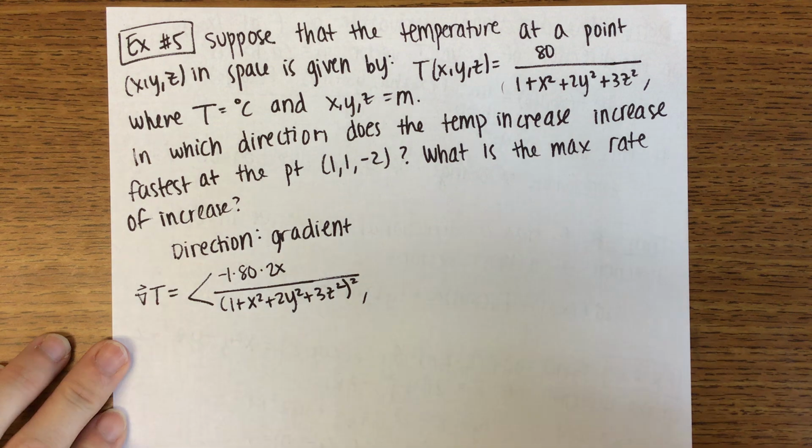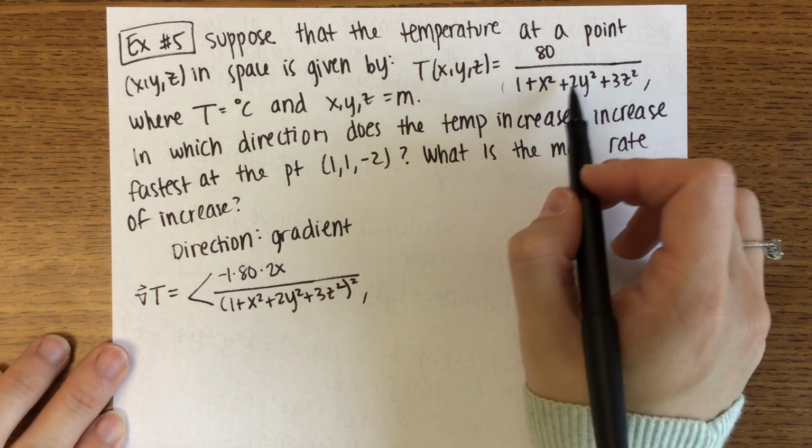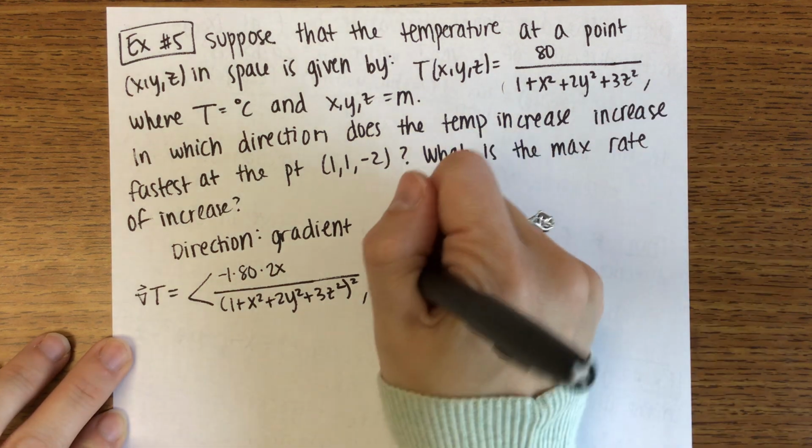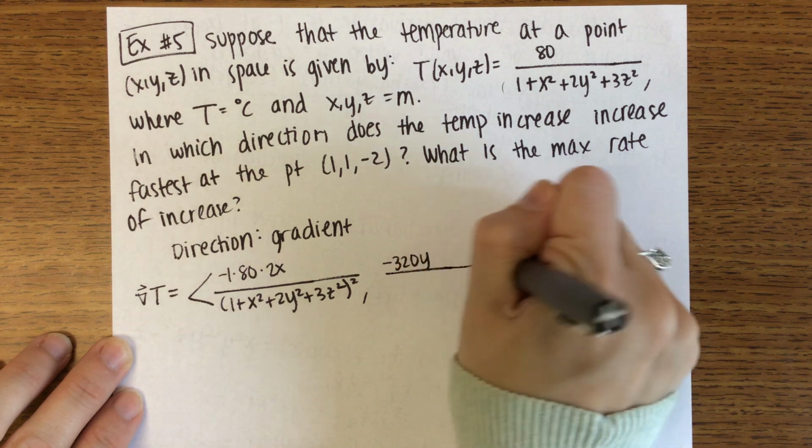Same idea here, you're going to bring the -1 down, and you'll get -80, this time times 4y. So you'll get -320y divided by that entire denominator squared.